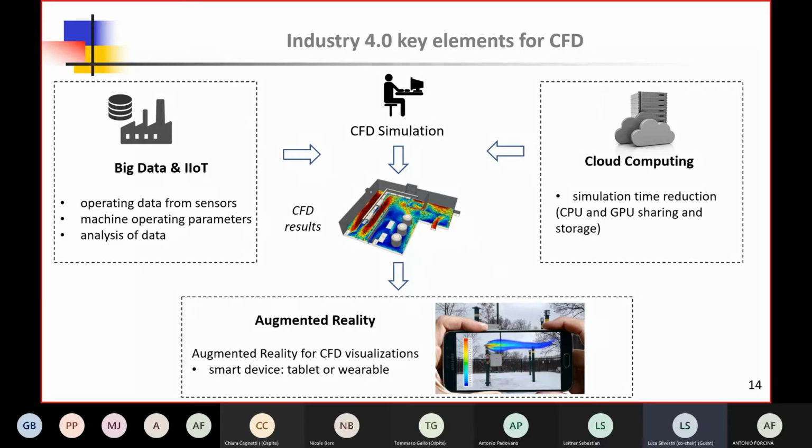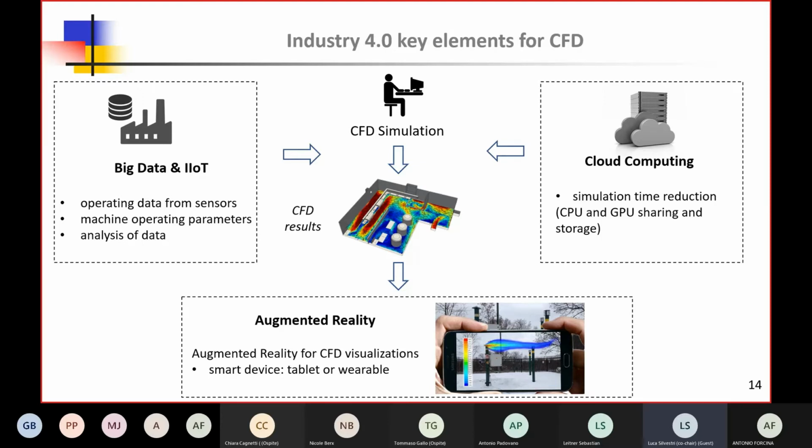The first one is the big data and cyber systems, thanks to the operating data that we can obtain directly from sensors, and the other machine operating parameters and data analysis, of course. Another technology is the cloud computing, not only for sharing, but also for CPU and GPU sharing that can allow to reduce the simulation time.